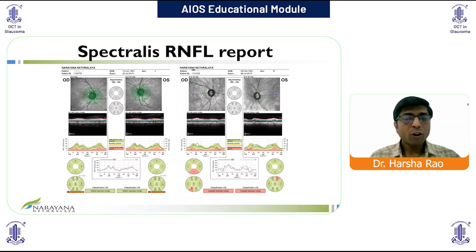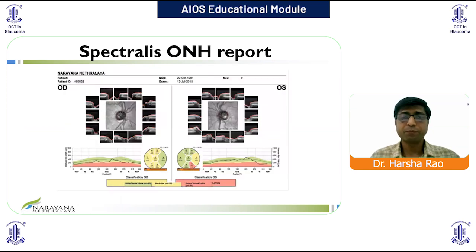Here is an example of a normal patient on the left and a glaucomatous patient on the right side. As you can see here, all the parameters are in green representing normal. But in the glaucomatous eye, we see inferotemporal thinning of the RNFL in the right eye and superotemporal thinning of the RNFL in the left eye.